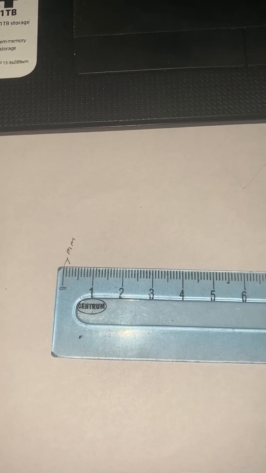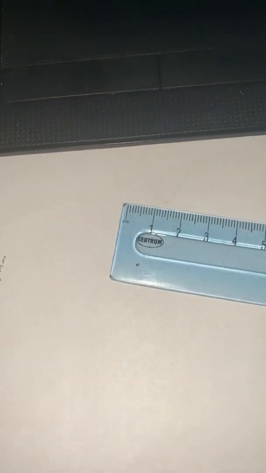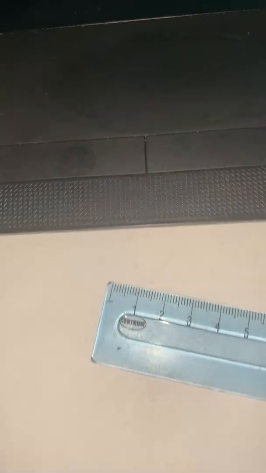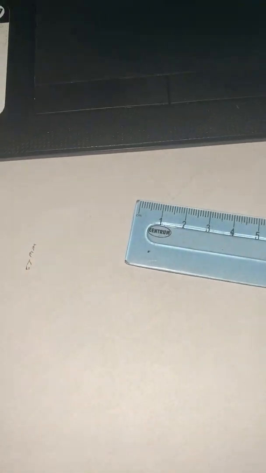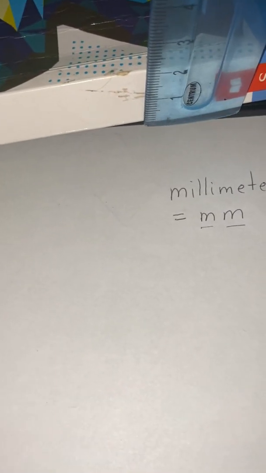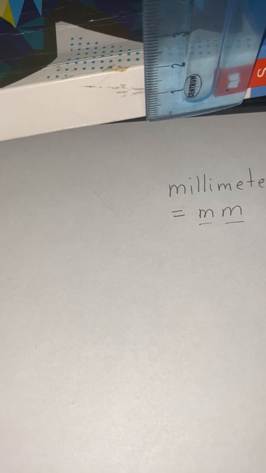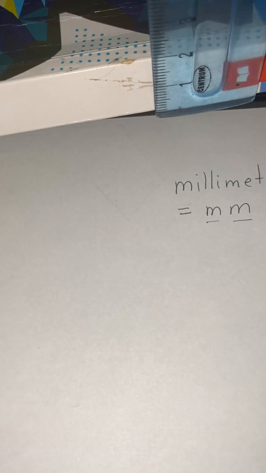And what do we use millimeters to measure? We use millimeters to measure the width of things, so really small things. So I have my math book here, and I'm going to demonstrate what millimeters are usually used for. So we still use centimeters, and we go up.